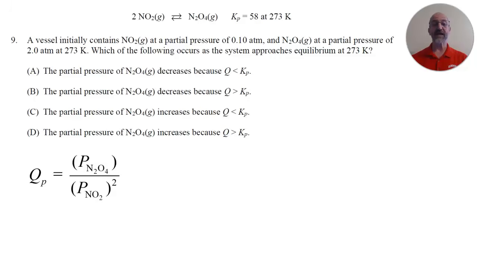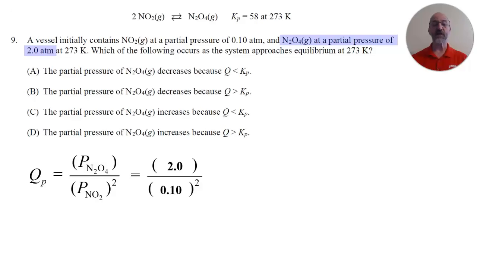Let's go ahead and plug in our values from this question. So in the denominator, that will be the partial pressure of NO2, which is 0.10 atmospheres. In the numerator, it will be the partial pressure of N2O4, which is 2 atmospheres. I pick up my calculator and I will do 2 divided by 0.1 squared.